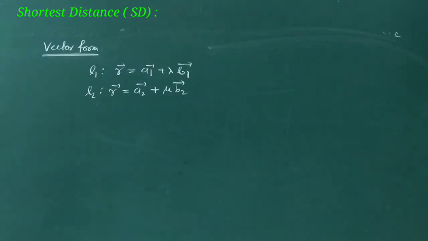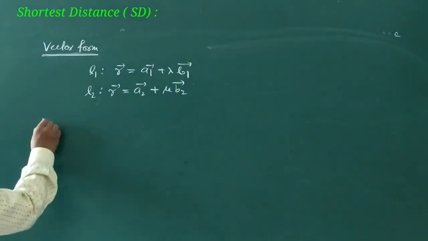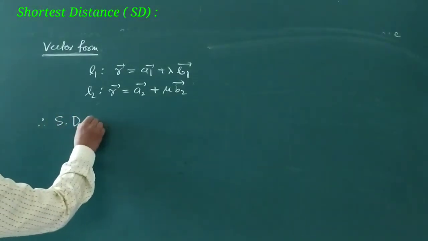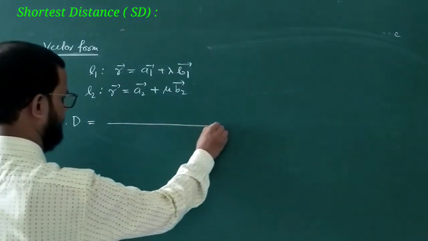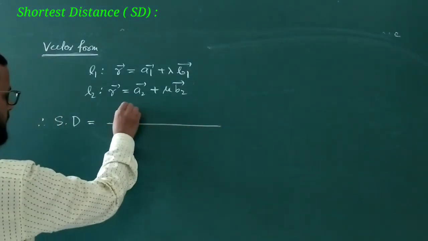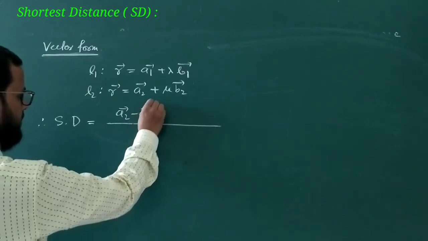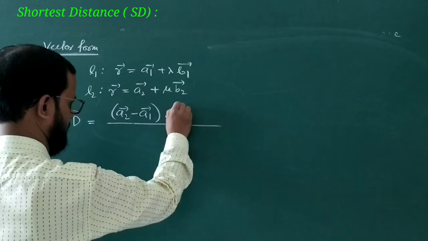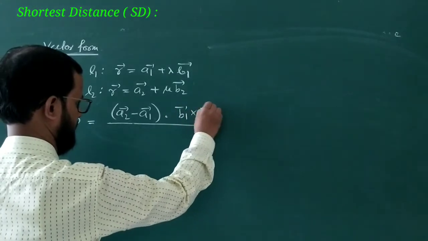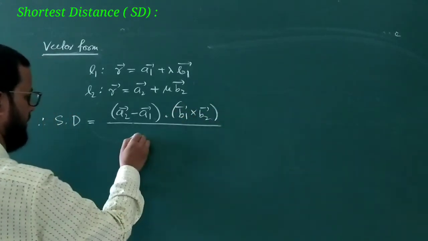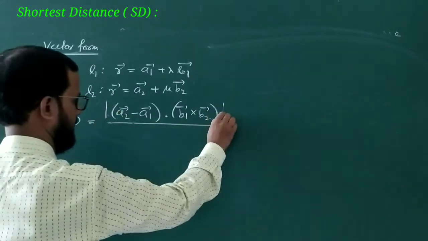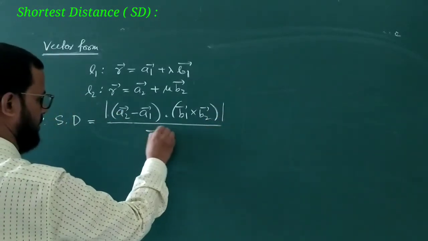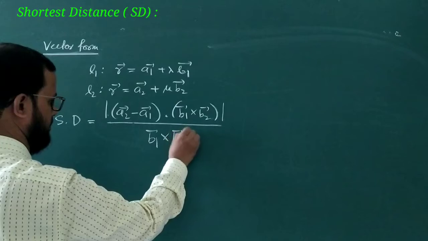These are the two lines in vector form, and the SD between these two lines is given by the formula: a2 vector minus a1 vector dot b1 cross b2, divided by the magnitude of b1 cross b2.